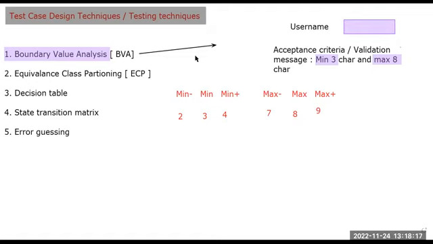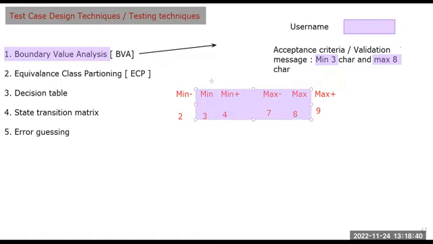Now, can you tell me when we will not get any error message, what kind of value we will enter in this username field? For that, we will not get any error message between 3 and 8, correct? From 3 to 8. If you enter between 3 to 8 characters, it will accept the value.